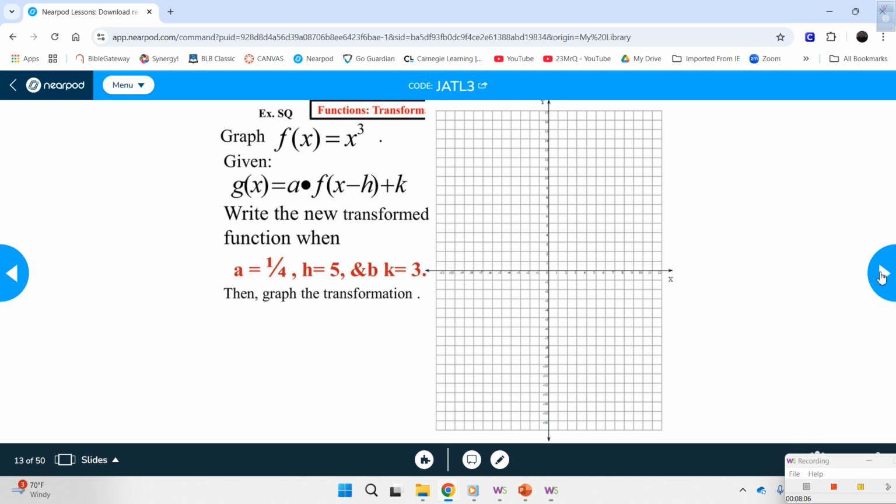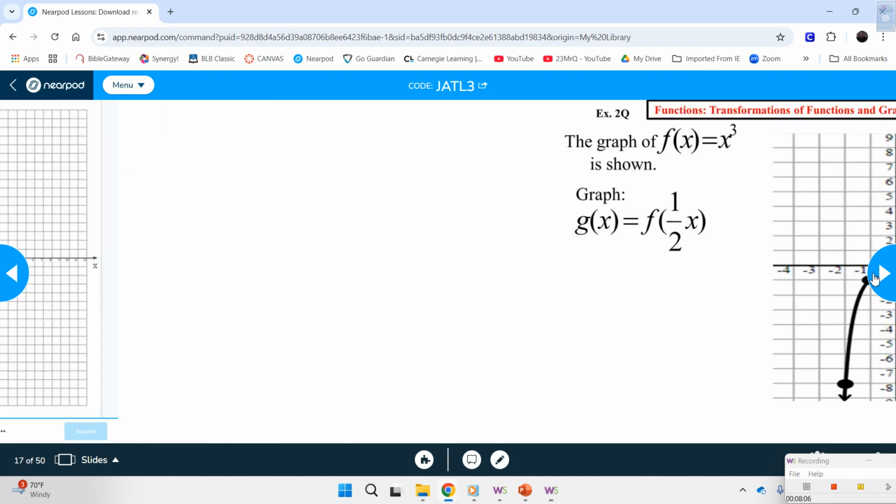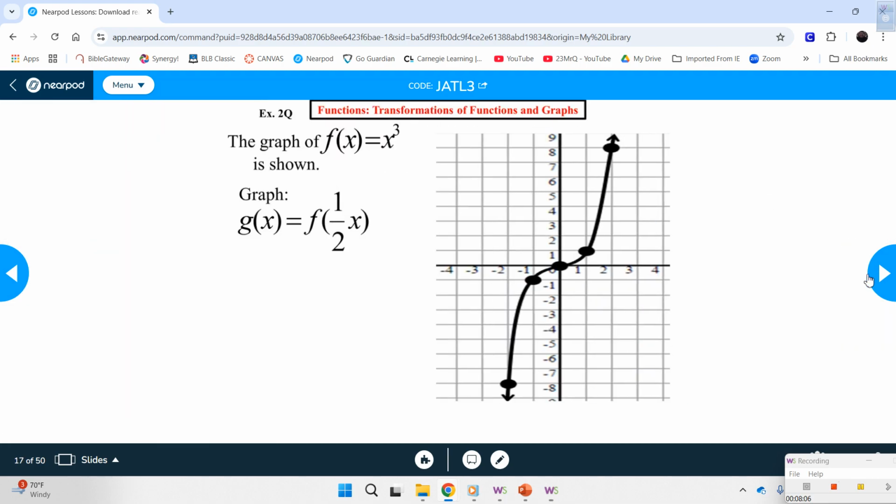So we know how to rewrite this using transformations and then graphing. So I'm going to come back to that one because I want us to get to the one for today. So on your graph paper, get that in front of you. Copy example 2Q on the left side of the new graph. Copy all the words, and then copy this graph onto your graph paper. I'll give you some time. Copy and go.